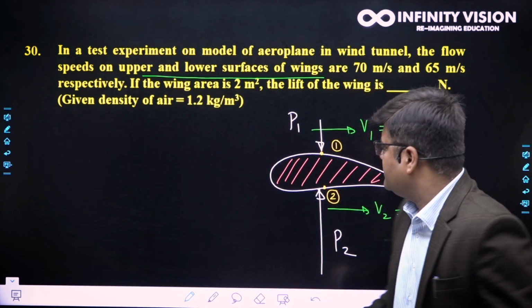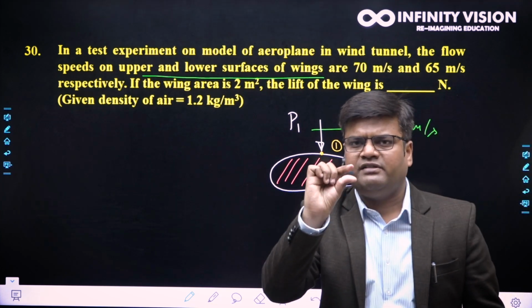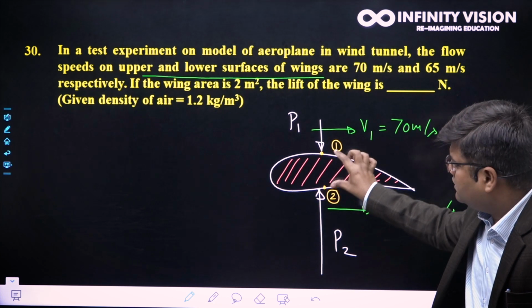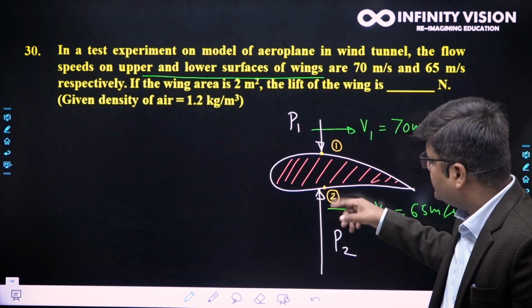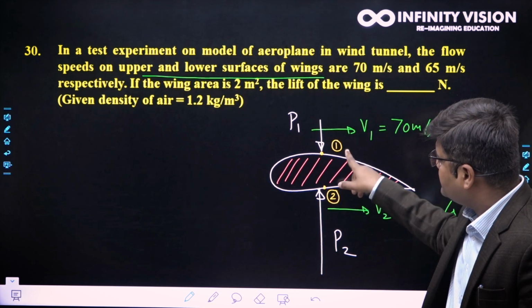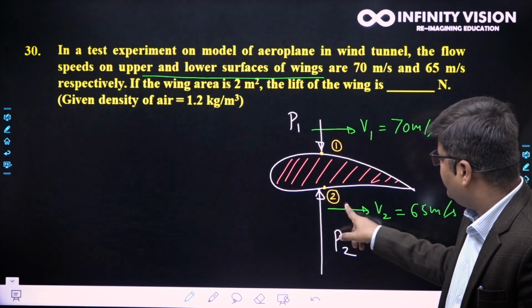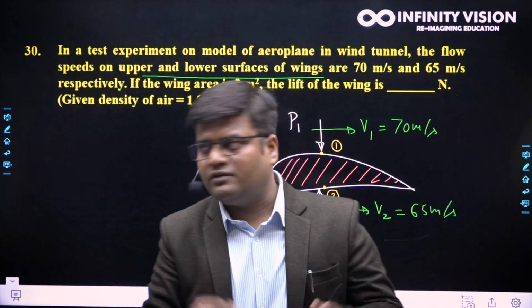Because these 2 points are very close to each other, the wings of aircraft are very thin, there will be no effect of elevation or datum. The elevation effect will be neglected. So we can say that the point where velocity is high, the pressure will be low, and the point where velocity is low, pressure will be high, because the pressure energy and the kinetic energy are conserved.